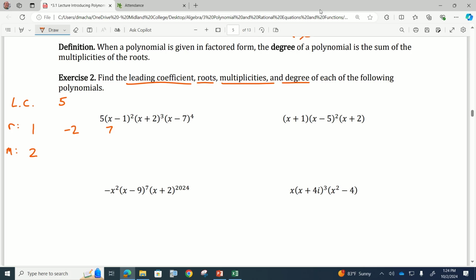So I say the multiplicity of this root is 2. What are the multiplicity of negative 2 as a root? 3. And what's the multiplicity of 7? 4.